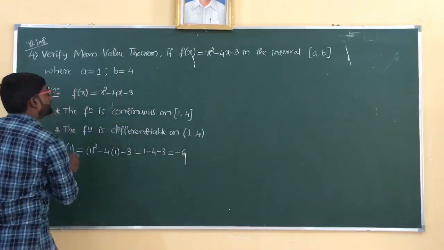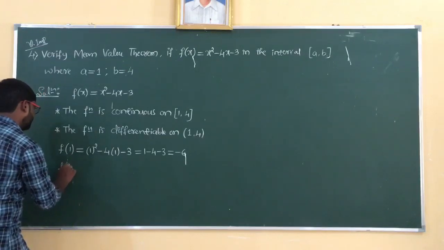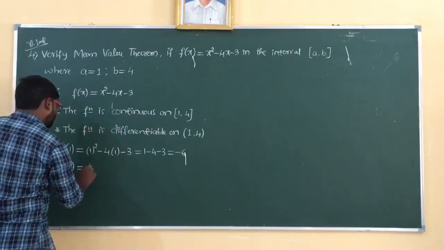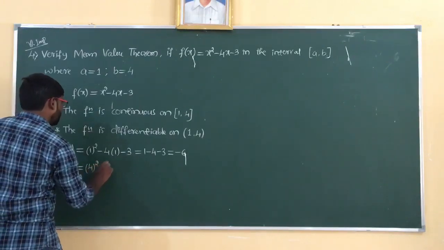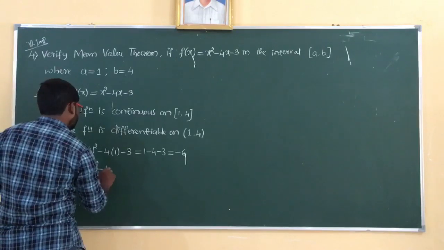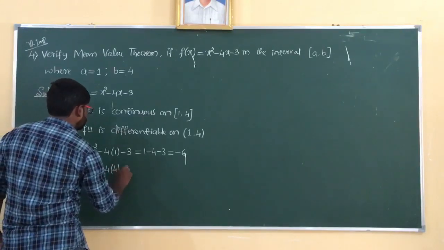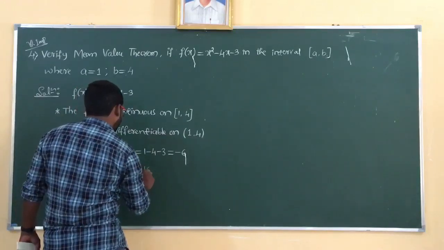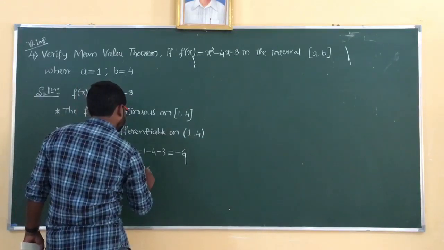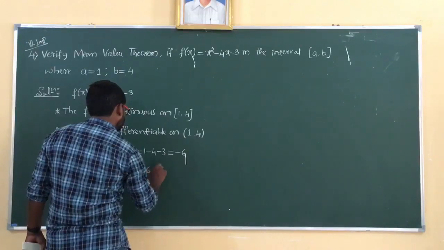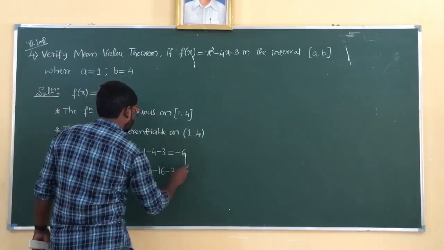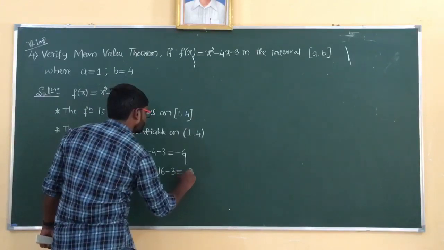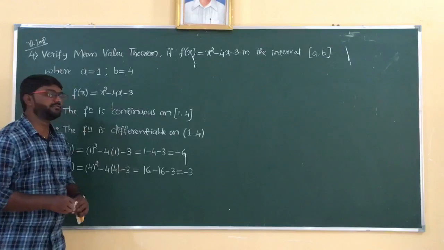Then now I will go for f of b, that is f of 4, which is equal to 4 square minus 4 into 4 minus 3. This is equal to 4 square, which is 16, minus 16, then minus 3. So the answer is minus 3. So here f of a not equal to f of b.